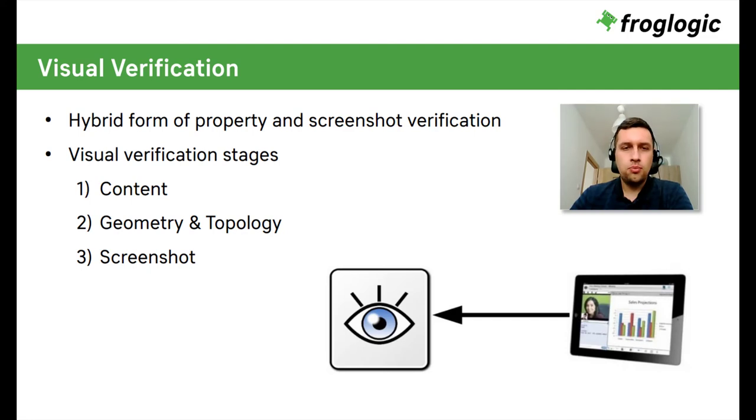Rendered pixels, positions, size, and content properties will be compared against expected values. When to use visual verification? To check the on-screen display of dialogs, whole application windows, or subsections. By default, all checks will be performed in a strict manner that does not allow for changes in state, layout, and rendering. The user can relax those checks later.